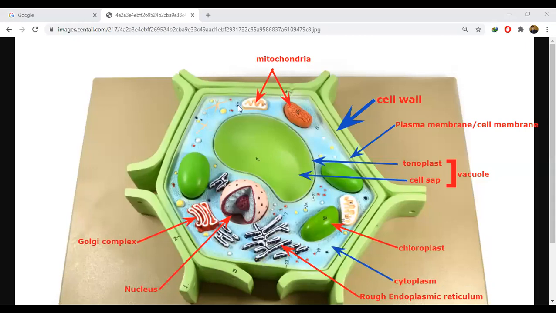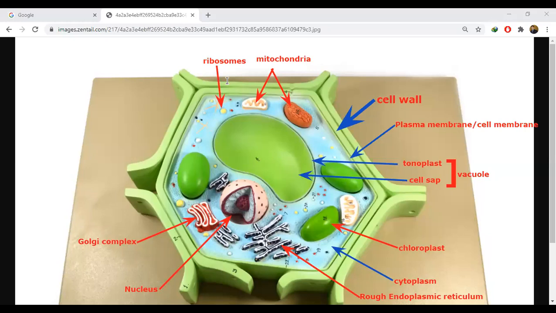Another component, this one. Another component, these ones. We call them ribosomes. They are involved in, okay, later the function.